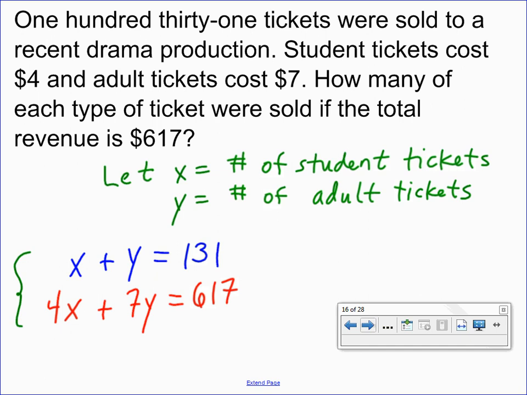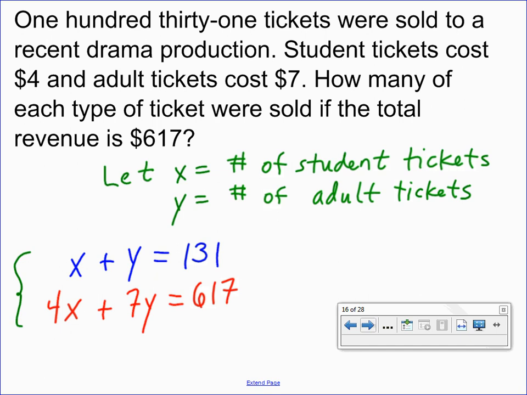Now I'm going to purposely multiply one or both equations by some number to create exact opposites in either the x's or the y's. Is positive 1x in blue the exact opposite of positive 4x in red? No. Is positive 1y the exact opposite of positive 7y?